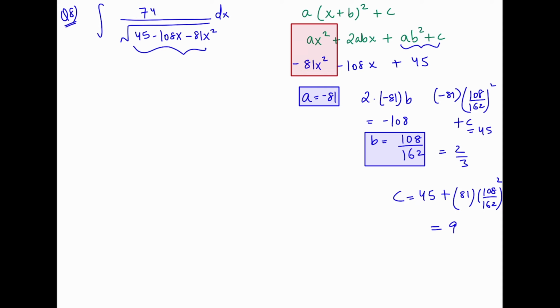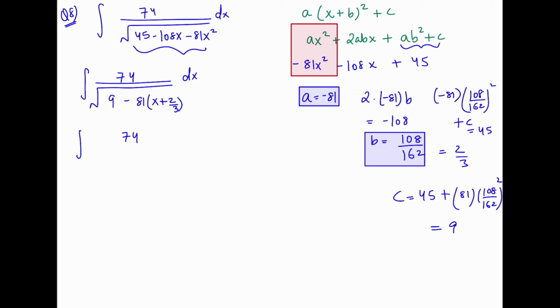So let's see. We have this equation turn out to be, because it's negative in the beginning, I'm going to write the constant first, and that'll be x plus 2 over 3. I'm going to do some simplification here so that it should make absolute sense.